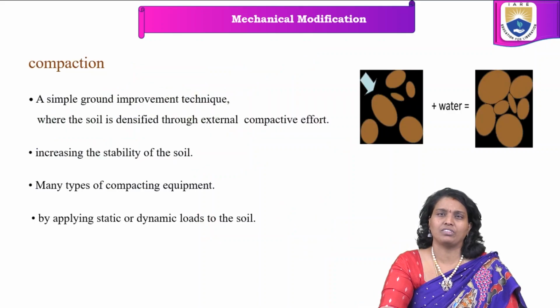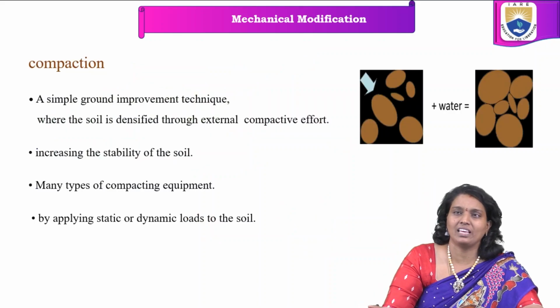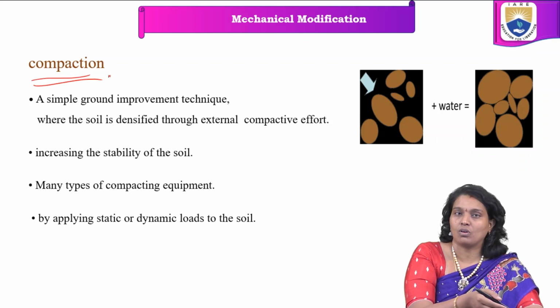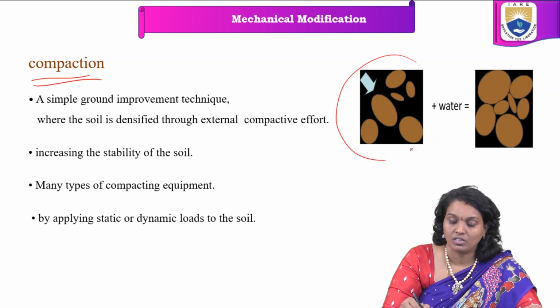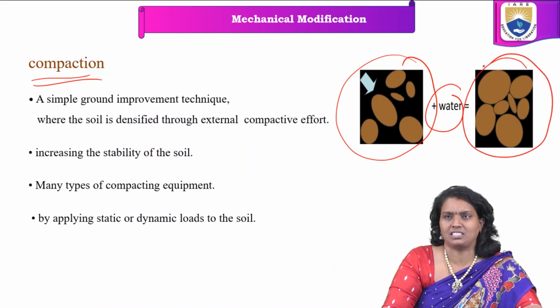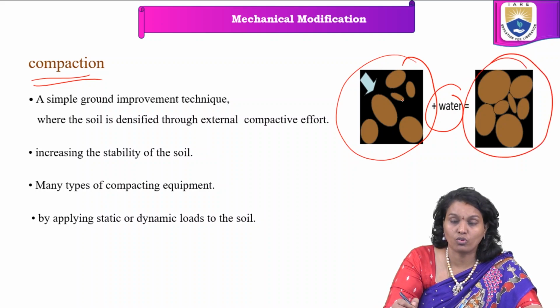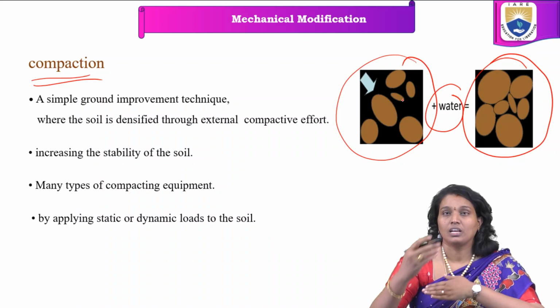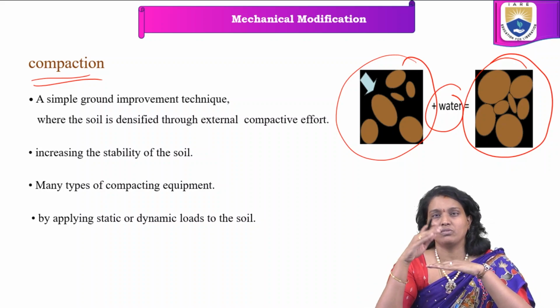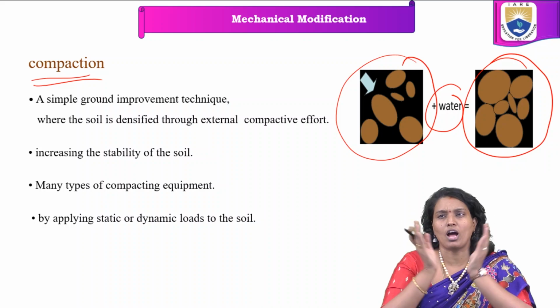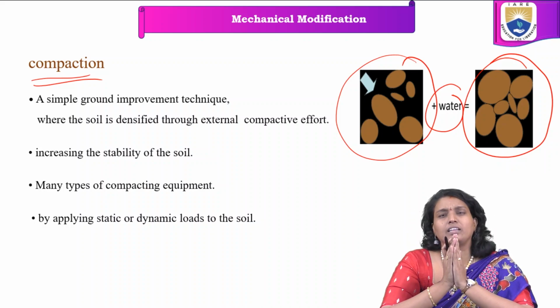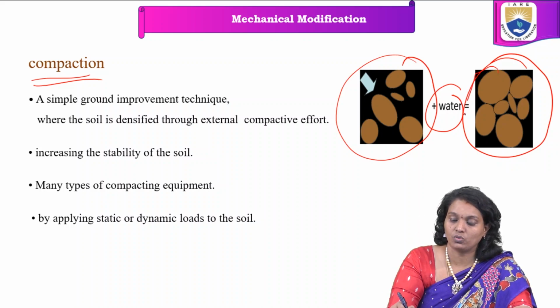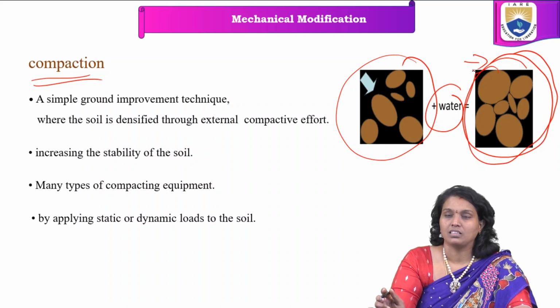For increasing the density of the soil, the main thing is compaction, which we already observed in the previous slide. Soil plus water is converted like this. Whenever we compact using rollers, the air and excess water are removed from the particles.